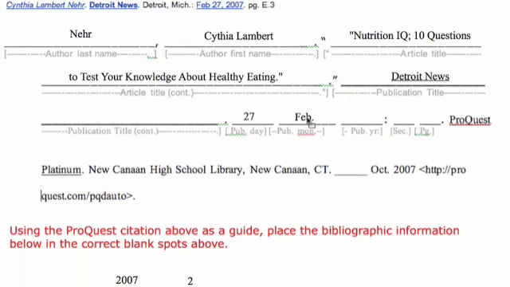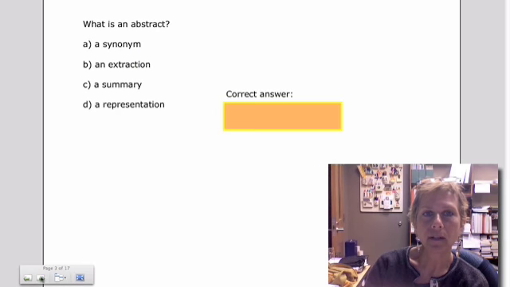And here's the February, and that was in 2007. And it comes from section E, page 3, and it was accessed on October 2007 on the second day of that month. Please note the order in which the dates are written. All right, let's move on.